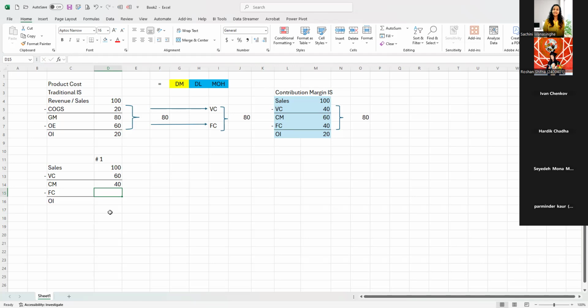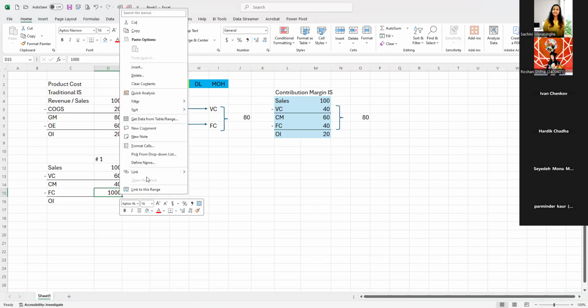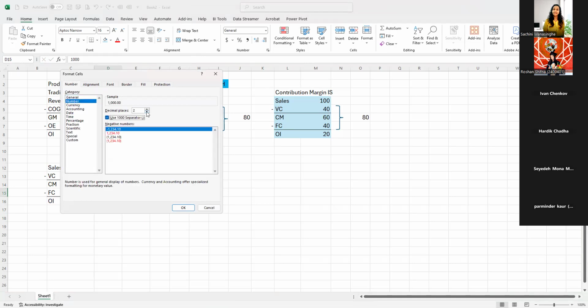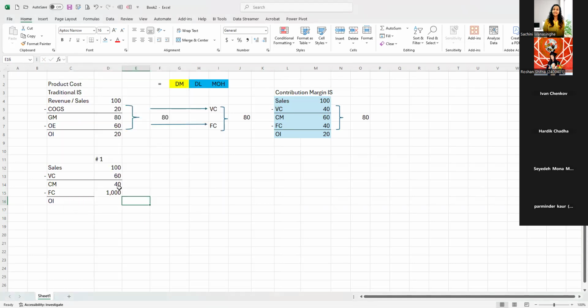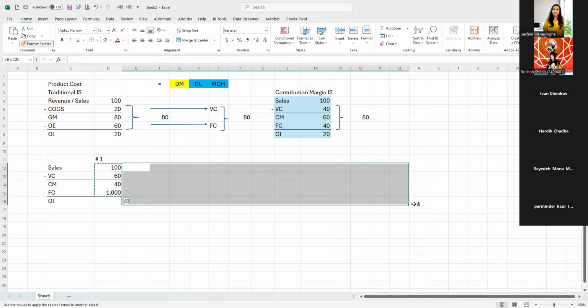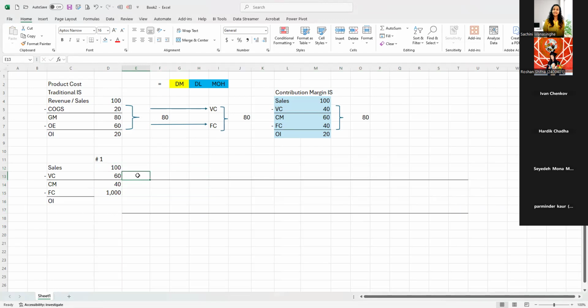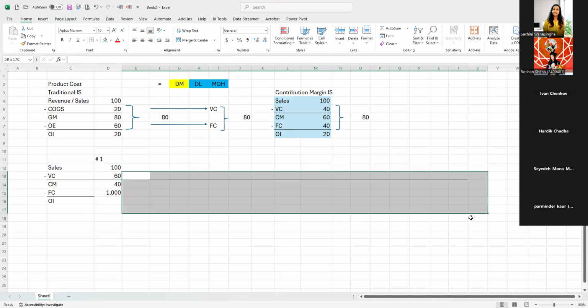Now let's say fixed cost, because I'm selling only one product, but I don't want to sell one product. Let's say my fixed cost for the entire company is $1,000. I'm looking for a bigger number here for the purpose of this exercise. Now the question is, how much is my operating income?